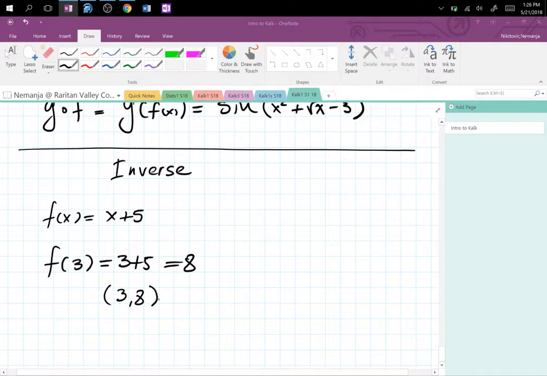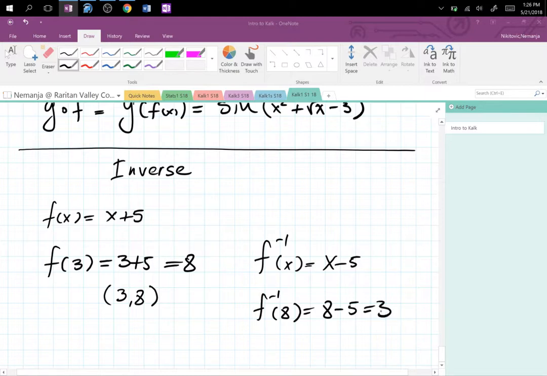The inverse function, which is denoted as f minus 1, in this case would be x minus 5, is going to act as one big undo button. That means that if you plug 8, it better return the original value, which is 3. So that's what the inverse function does.